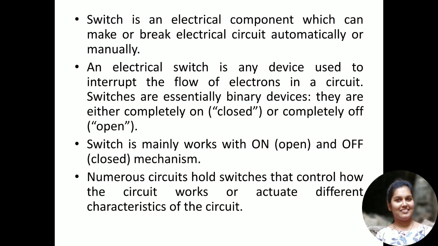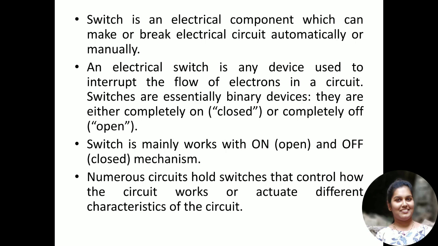So a switch mainly works with 2 positions or 2 mechanisms. The first one is the on position, which we simply call closed position, and the second one is the off position. Off position is nothing but the open circuit position.